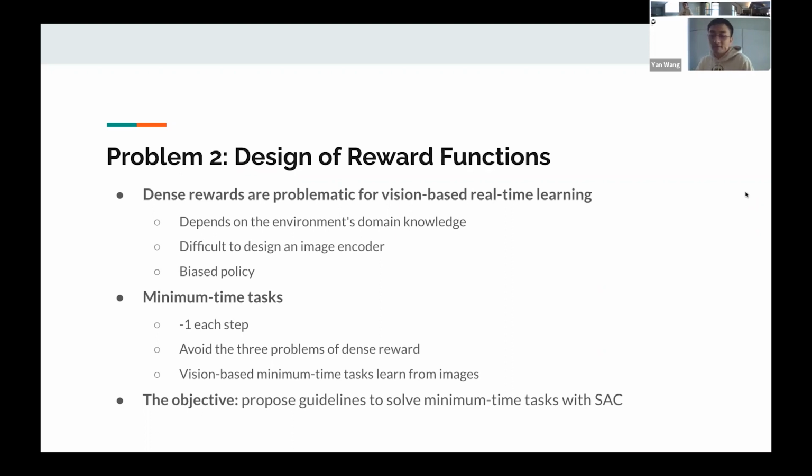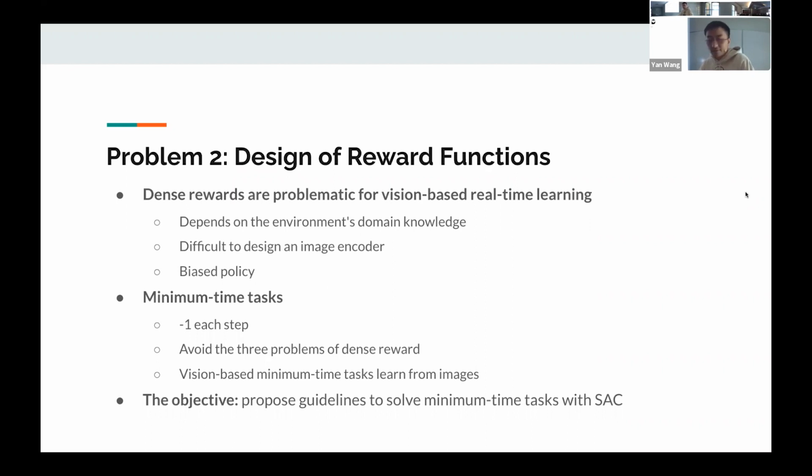Second, handcrafting a dense reward function based on images is tedious, as an effective image encoder for extracting useful information from images is generally not available beforehand. Third, dense rewards often mislead the learned policy in a suboptimal way, since the handcrafted reward function reflects the designer's preferred behaviors.